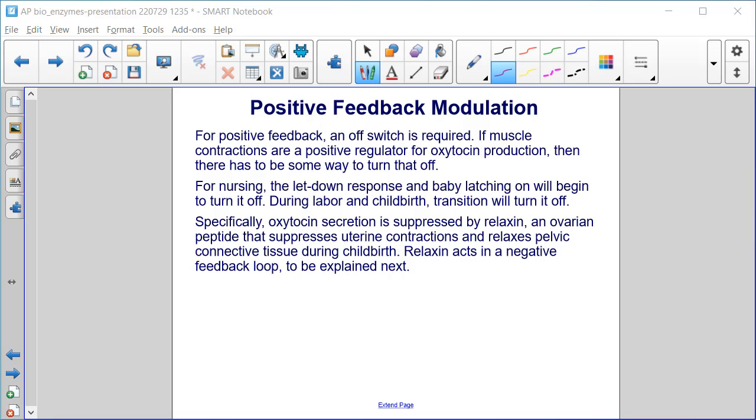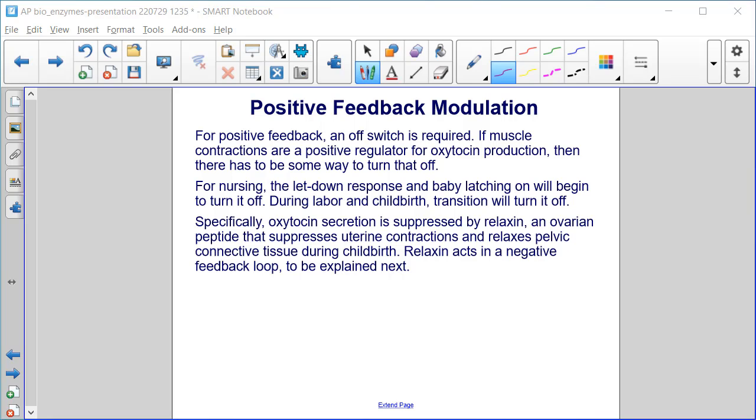Positive feedback modulation. For positive feedback, an off switch is required. If muscle contractions are a positive regulator for oxytocin production, then there has to be some way to turn that off. For nursing, the letdown response and baby latching on will begin to turn it off.